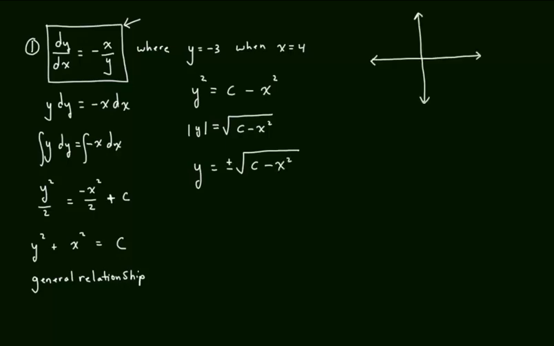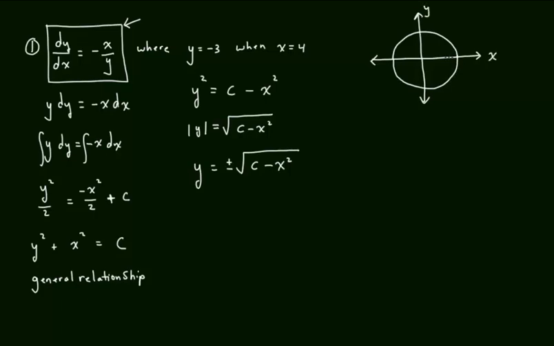So I have a circle, and the circle can be described by two different functions. Square root of c minus x squared, and also negative square root of c minus x squared. So those two pieces together will give us the circle.